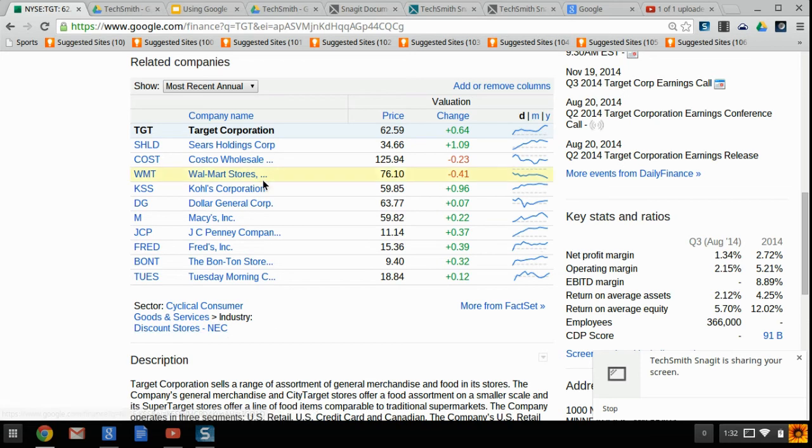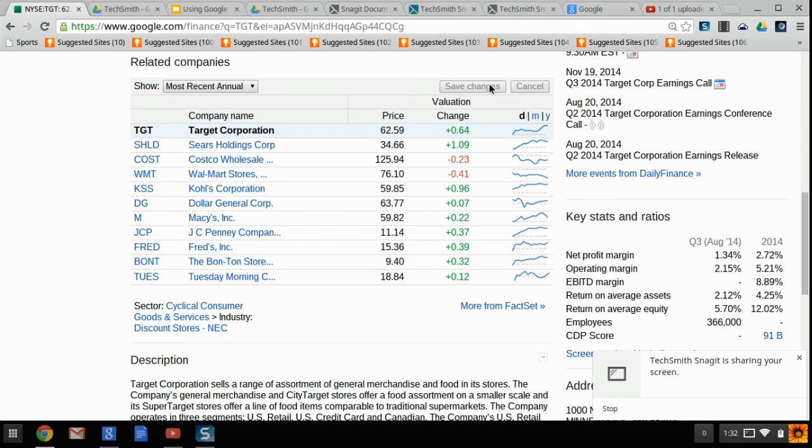Now, one of the things that you can do with this list of companies is add or remove columns to figure out what I want to compare. The things I want to compare are the earnings per share, which tells me how much money they're making per share, their dividend, so how much the dividend was, as well as their net profit margin.